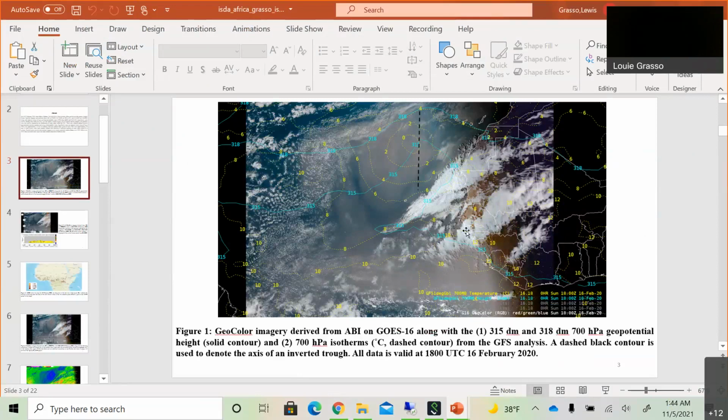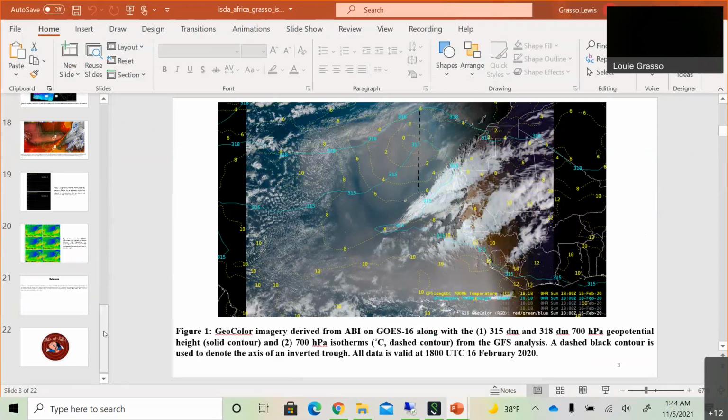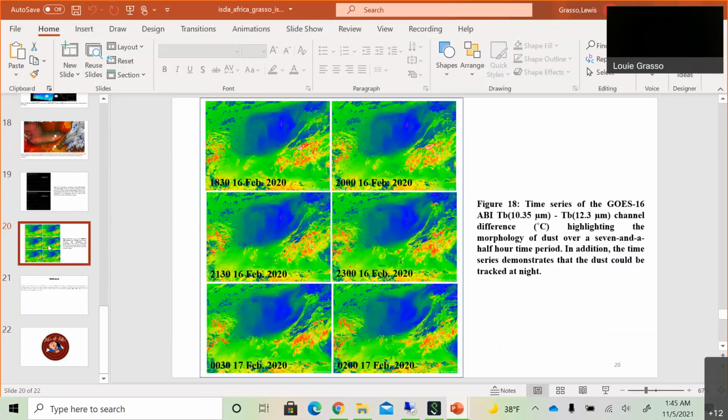However, on the right side of the image, you can see the day-night terminator is located right here. So once nighttime occurs, this whole scene gets dark, and you're not going to see any dust. However, that is the benefit of the IR technique: at these times here, 20, 21, 23, there's no sun, but you can still identify and monitor the movement of the dust.